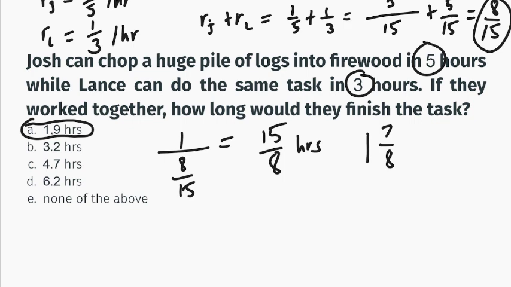So recall again, the rate of Josh is 1/5 of the task per hour, and the rate of Lance is 1/3 of the task per hour. So the combined rate is 8 over 15 of the task per hour. And essentially, when you take the reciprocal of that, we get that it should be 15 over 8 hours.